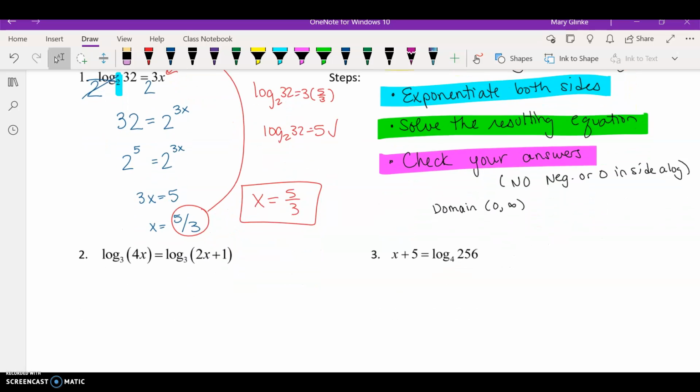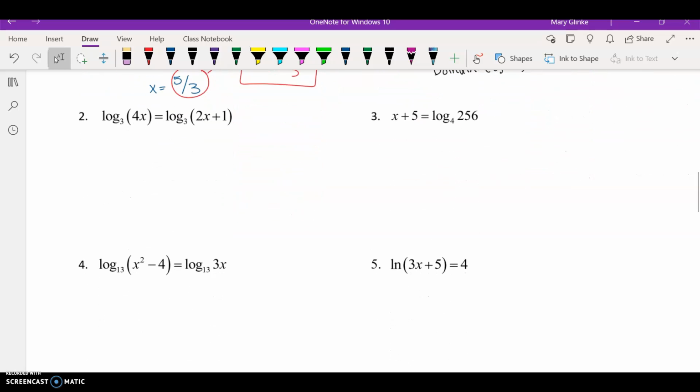So now let's take a look at number 2. So we have log base 3 of 4x equals log base 3 of 2x plus 1. We have a log by itself, so we're going to exponentiate both sides. So we're going to drop a base of 3 on both sides, and log base 3 as our exponent to 3, those undo each other on both sides. So we get 4x equals 2x plus 1.